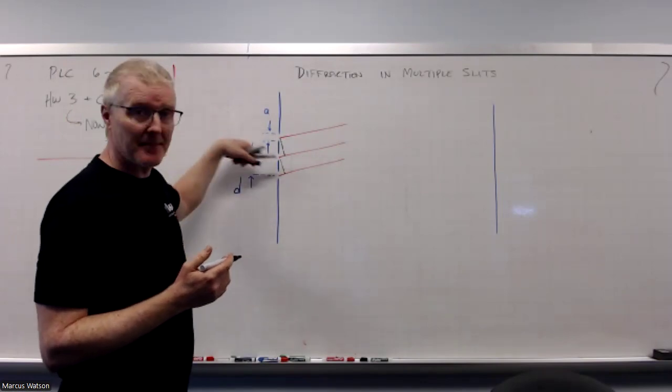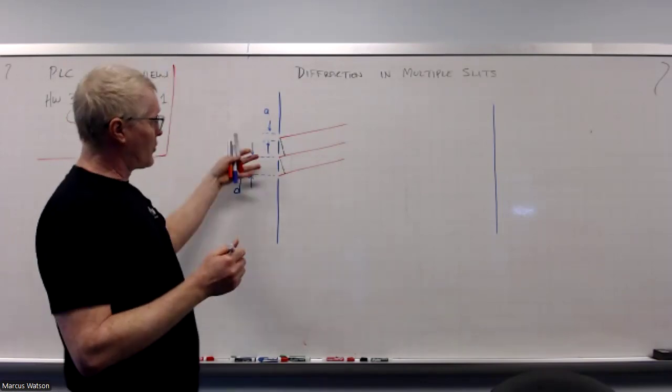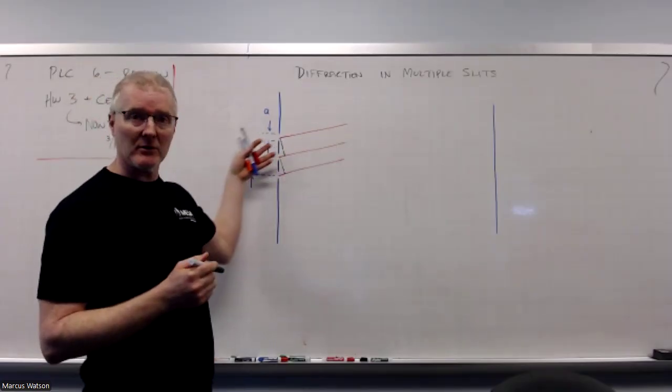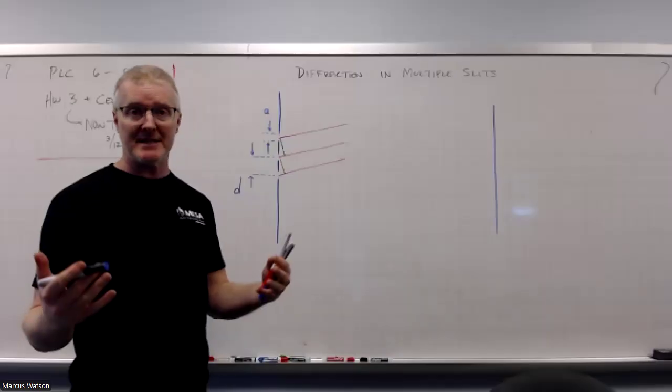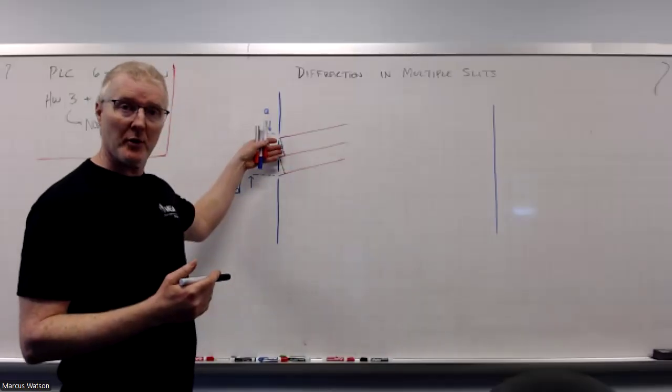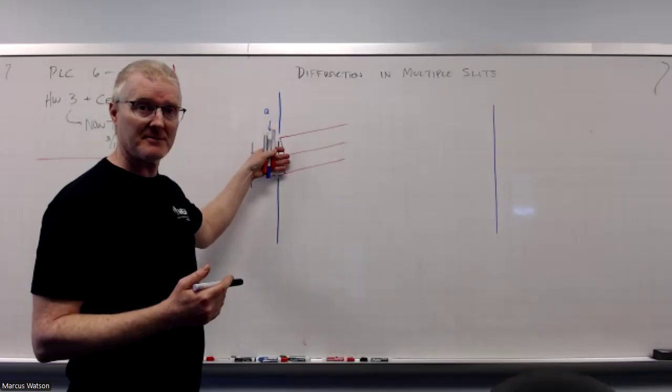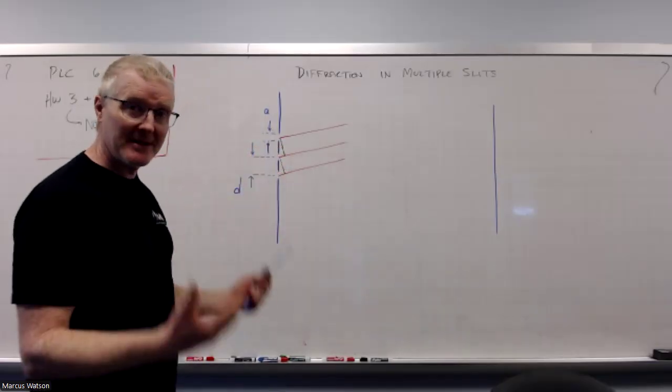It's a consistent slit separation. And we're assuming that they're all going at the same angle. So the path length difference that we calculated from the double slit, which was D times sine theta, that would be true for both of these path length differences here. So they should be the same.